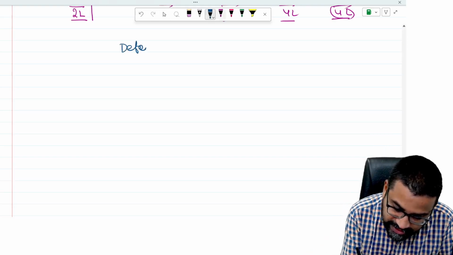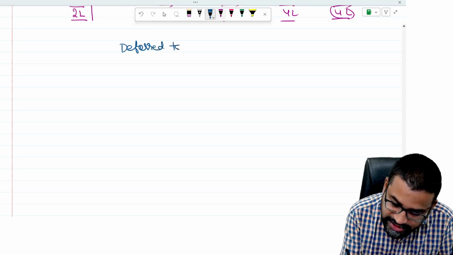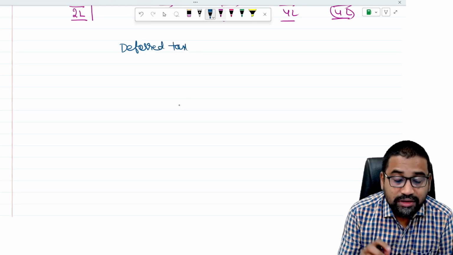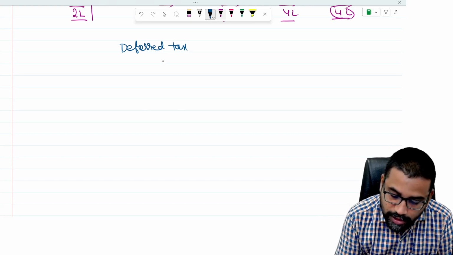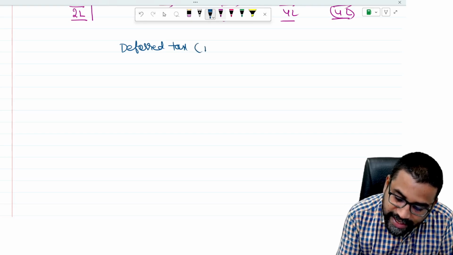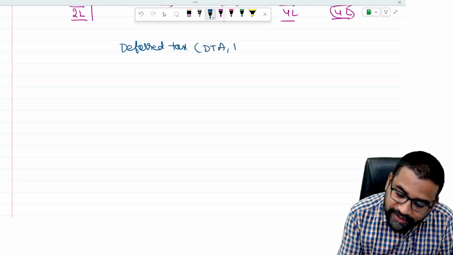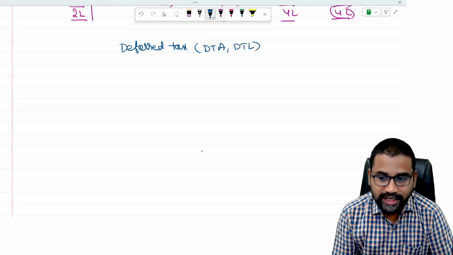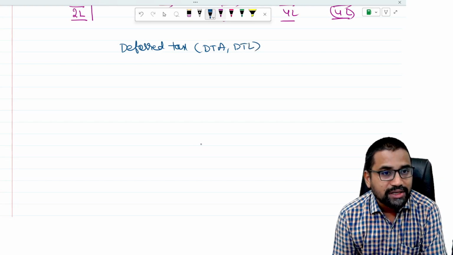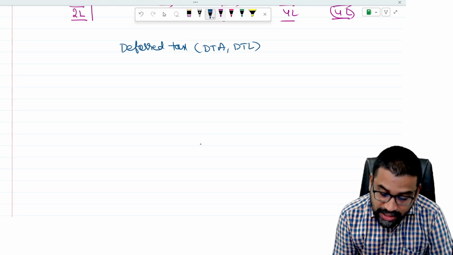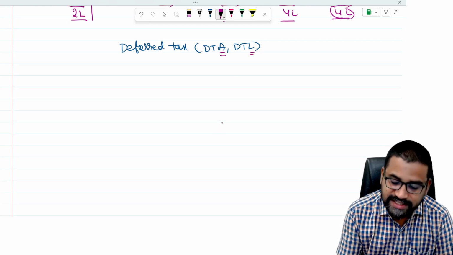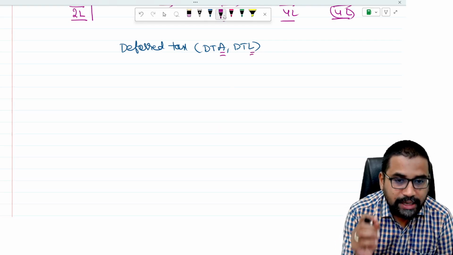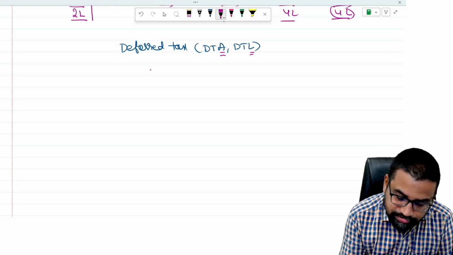I said deferred tax. You have to recognize deferred tax on tax effect of timing differences between accounting income and taxable income. Now this deferred tax can be what? Asset, deferred tax asset, or it can be deferred tax liability also. It can be an asset or it can be a liability, anything. Now see, when we say there is a deferred tax asset, when we say there is a liability, see, simple, sir. Simple, remember one simple principle.